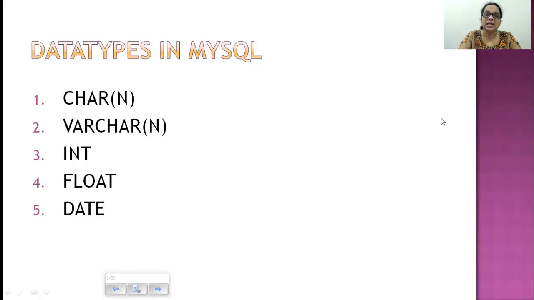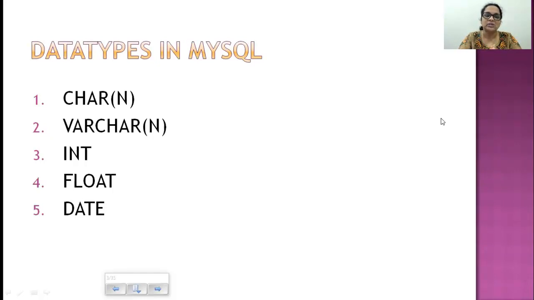It means the kind of data that can be handled by your particular programming language. So when we come to data types here, we're talking about the data types that you can see in MySQL. These are just the basic data types. There are more data types than these.